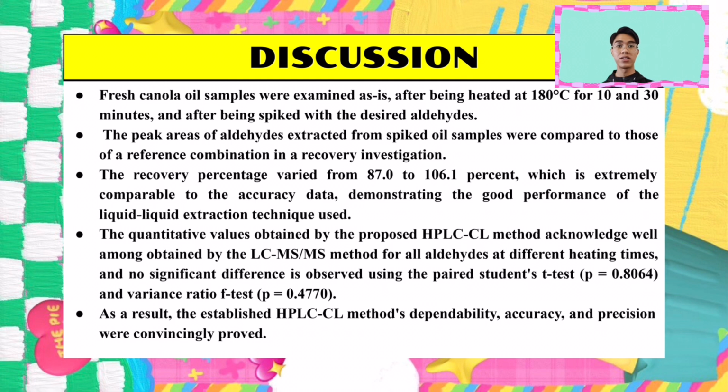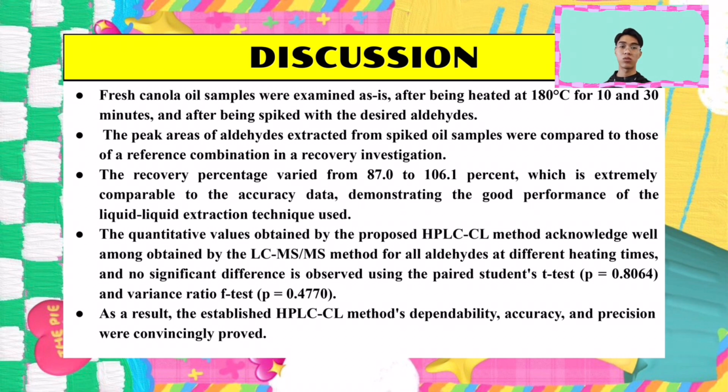The peak areas of aldehydes extracted from spiked oil samples were compared to those of reference mixtures in a recovery investigation. The recovery percentage varied from 87 to 106.1%, which is extremely comparable to the accuracy data, demonstrating the good performance of the liquid-liquid extraction technique used.